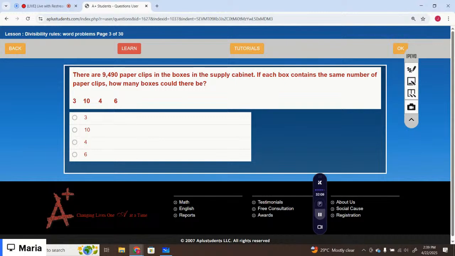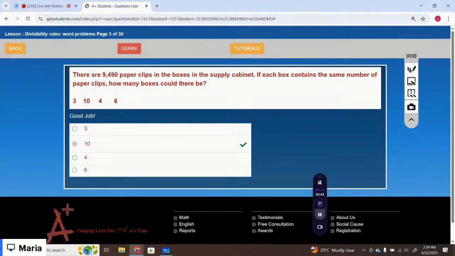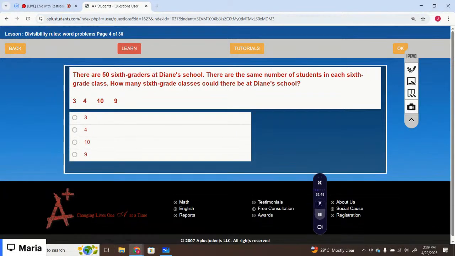So 9,490 is divisible by... That must be divisible by 10 because the ones digit is 0. So it is divisible by 10. Option number 2 is the correct option. Very good.